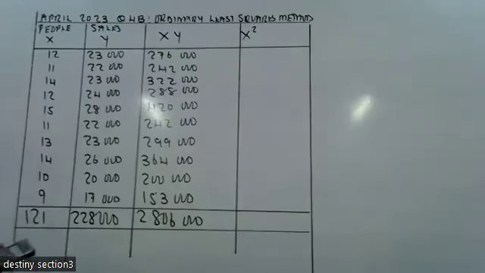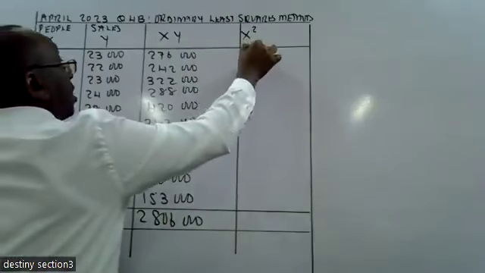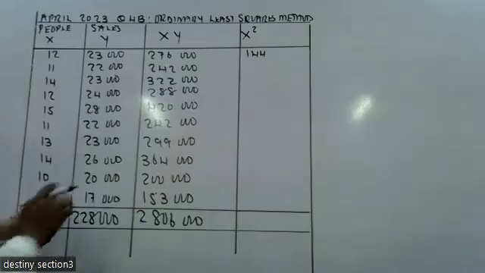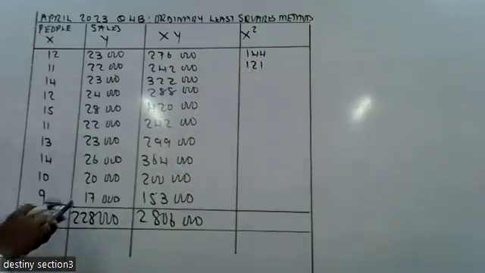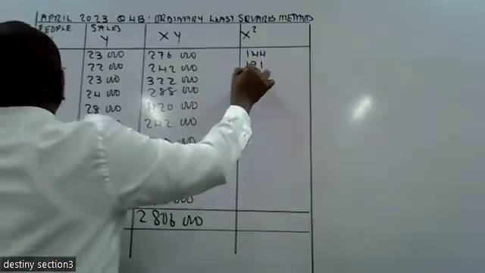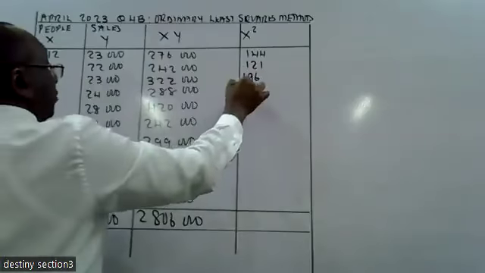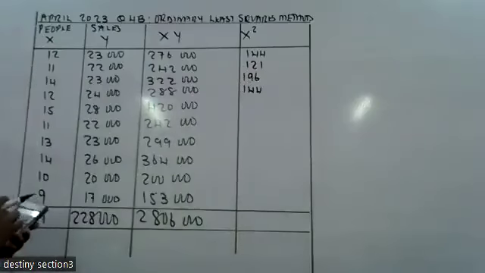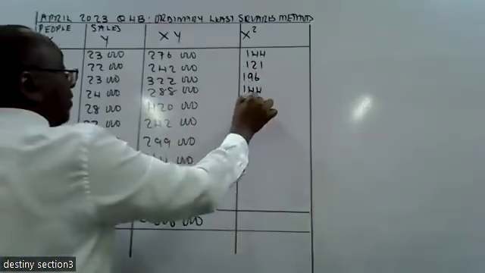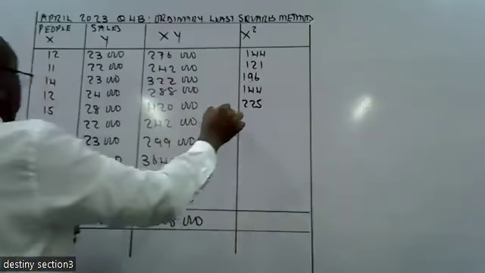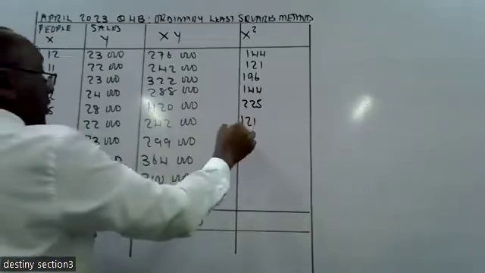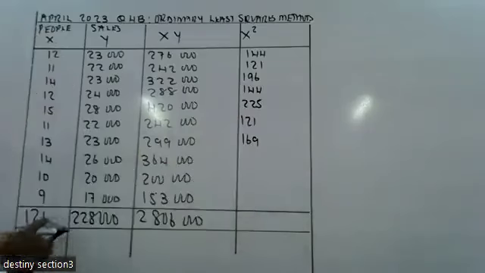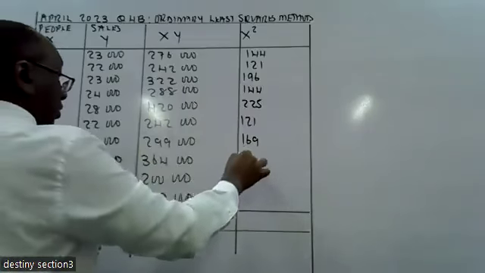So let's go to x squared. 12 squared is 144. 11 squared is 121. 14 squared is 196. 12 is 144. 15 squared is 225. 11 is 121. 13 squared is 169. 14 squared is 196.